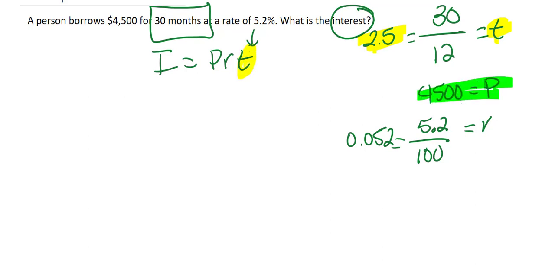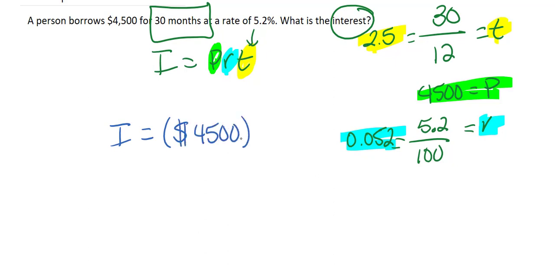And this is our principal. And then this is going to be our rate. So let's go ahead and start to plug in our values. So we have I, which is equal to principal, which is 4,500. Our rate. And this time, so 2.5.